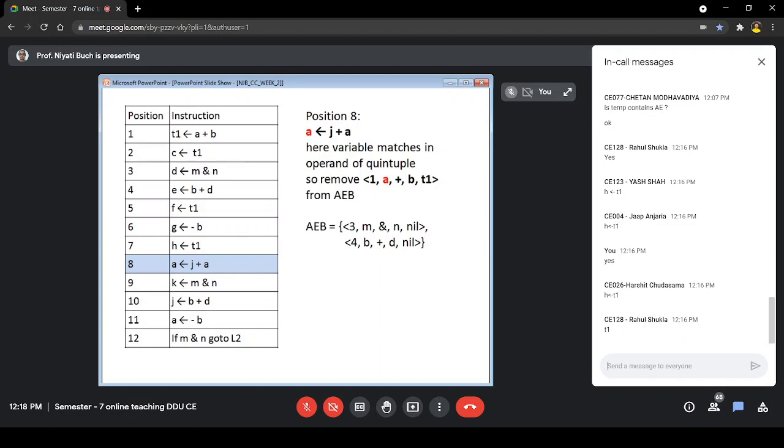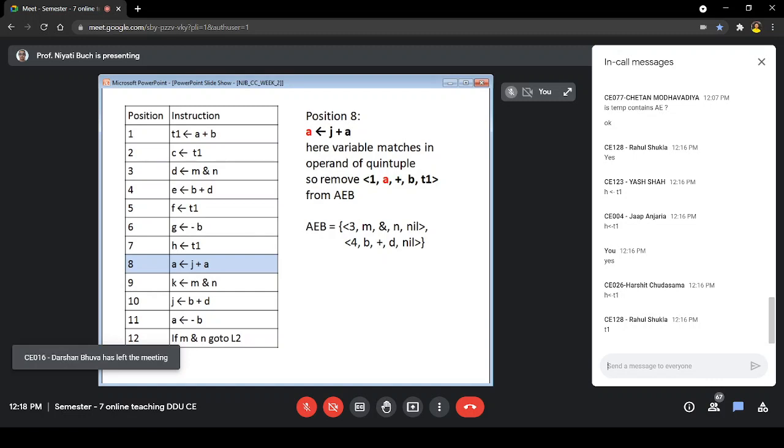I think this is clear, but it is very important to remember not to forget this. Otherwise, in the whole example you will end up changing the code, because the aim of optimization is that you are not supposed to change the meaning of the program, no matter whatever technique you apply. Because A is changing, it is not an available expression.